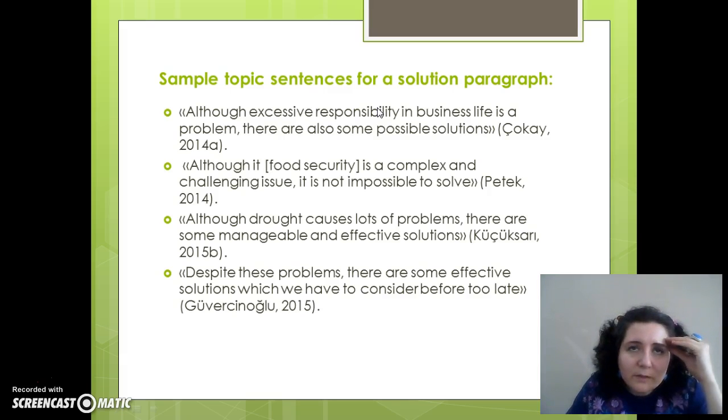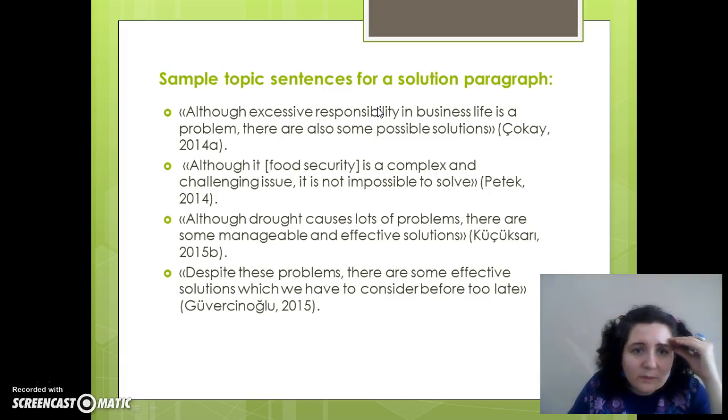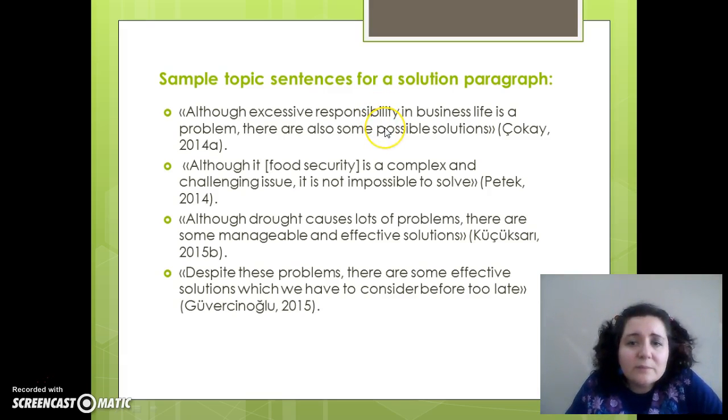They are a sort of a bridge going to the solution paragraph now. Although excessive responsibility in business life is a problem, there are also some solutions. Or, despite these problems, there are some effective solutions which we have to consider, and so on.